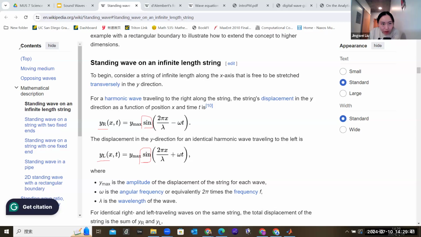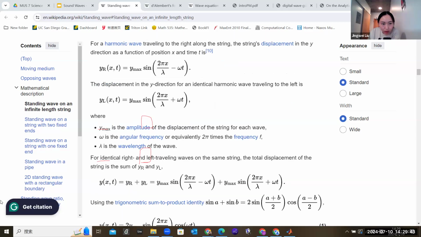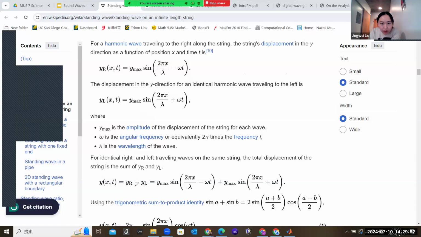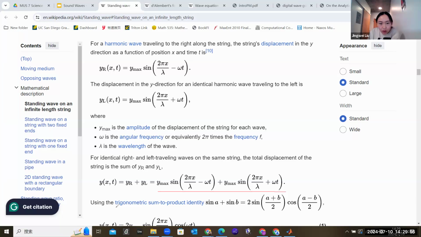Then for the traveling waves, we are going to add them together. So the right traveling wave and left traveling wave are added together. If you know the trigonometric identity rules, when you add two sines together, you can decompose them.